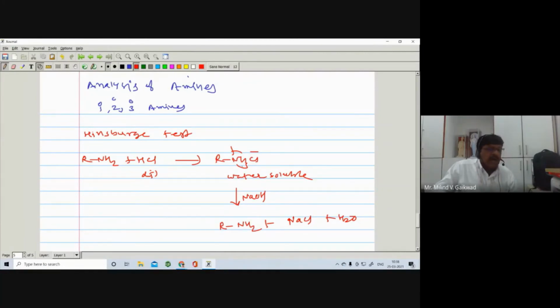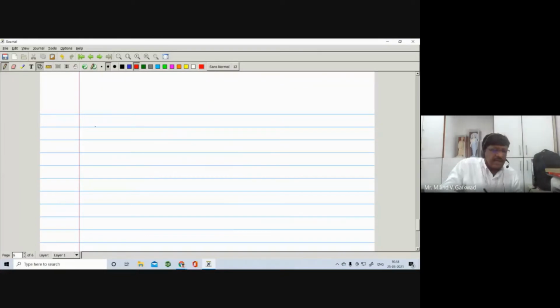So what happens if you take this reaction? Primary amine RNH2 reacts with benzene sulfonyl chloride. Here is the benzene, here is SO2Cl, benzene sulfonyl chloride.